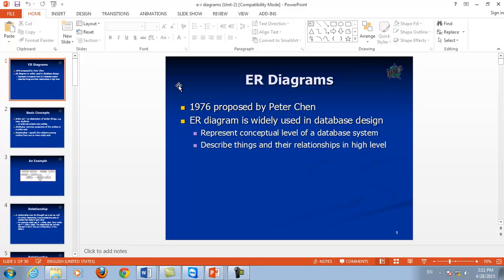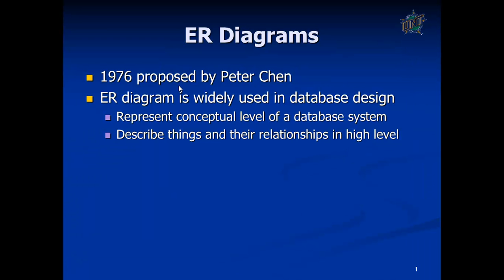It is an entity relationship diagram, in which the relationships between entities are described with the help of graphical symbols. It was proposed in 1976 by Peter Chen, and it is widely used in database design to represent the conceptual level of the database and describe the things and the relationships at a high level.